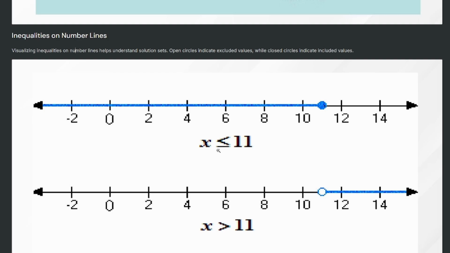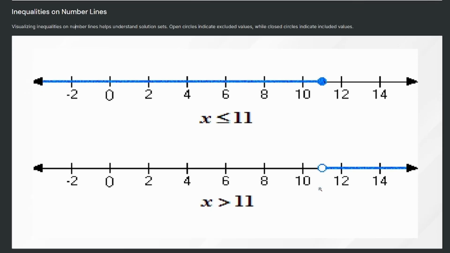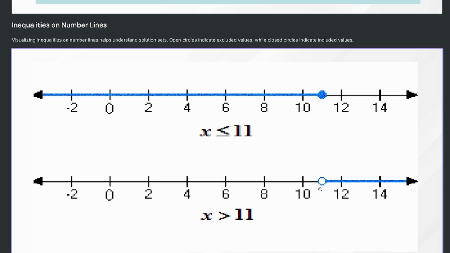There is an equals to sign, so we use a closed interval. In this case, x is greater than 11 means towards positive infinity, but here there is no equals to sign, so we don't include 11, so you use an open bracket. Okay, clear?